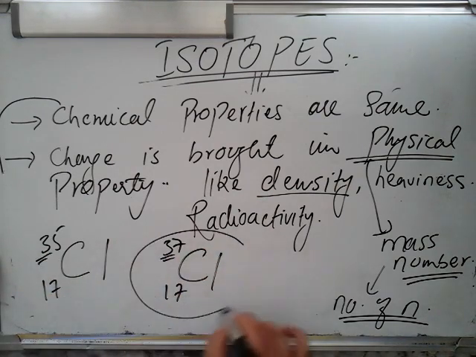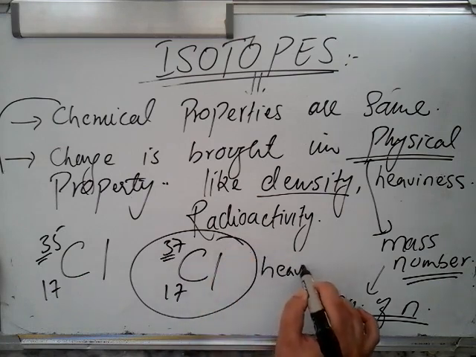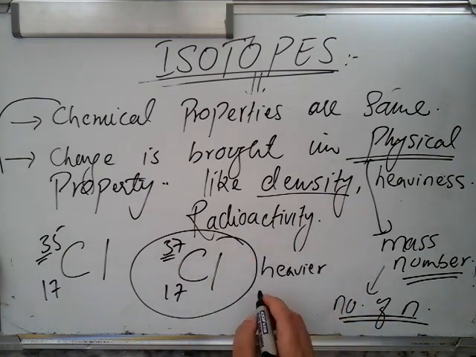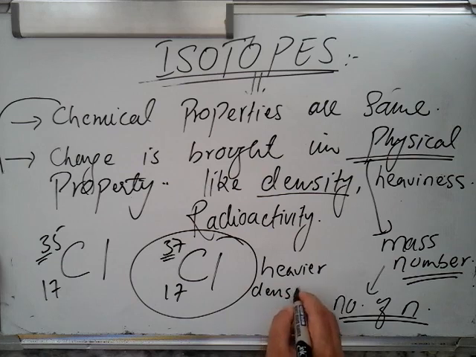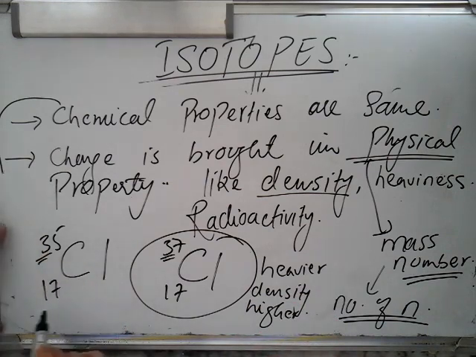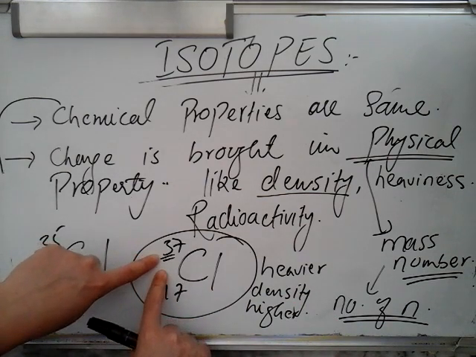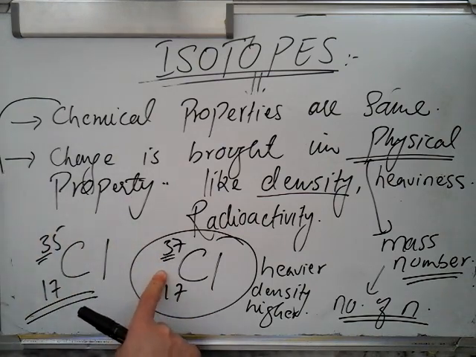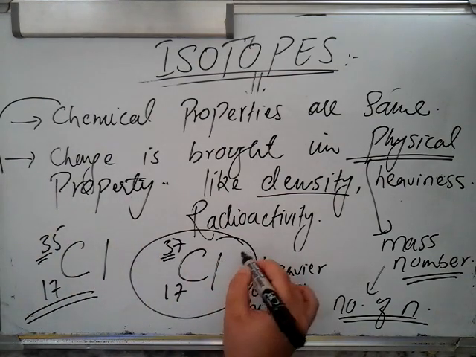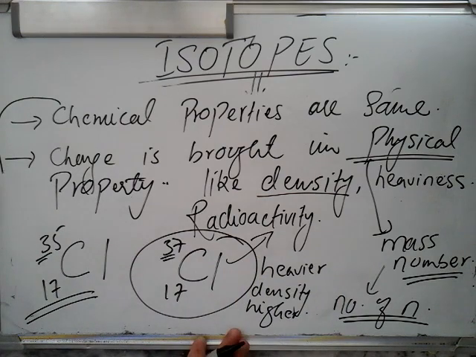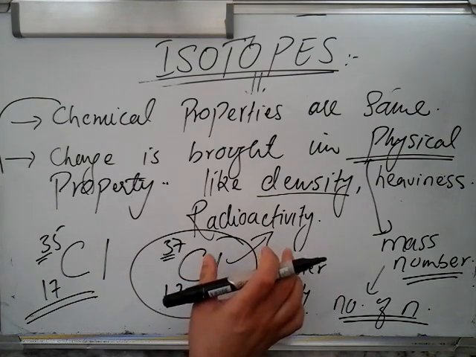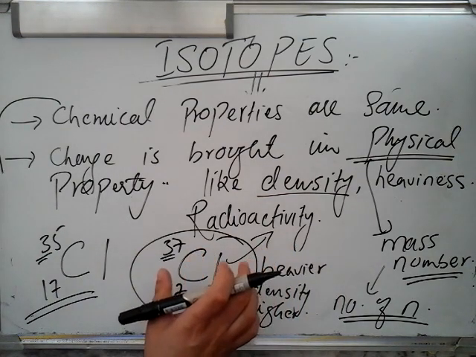So this chlorine is heavier and its density is higher, greater than the other chlorine, because its mass number is 37. In the same way, this chlorine atom might also be radioactive. And I will tell you how atoms become radioactive.